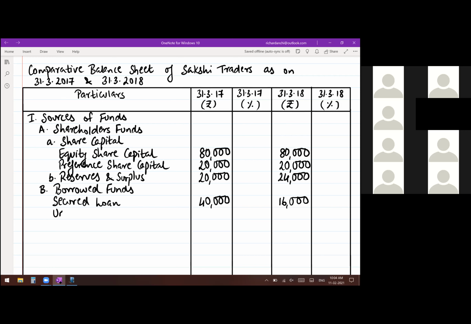Then below that, unsecured loan. $20,000 and $36,000. Over. Sources of funds is done. Take the total in both columns. Call that total funds available.